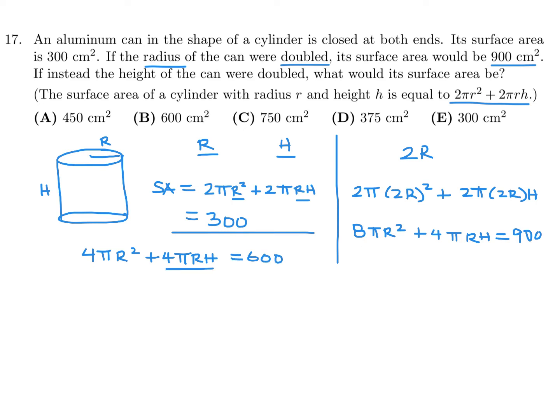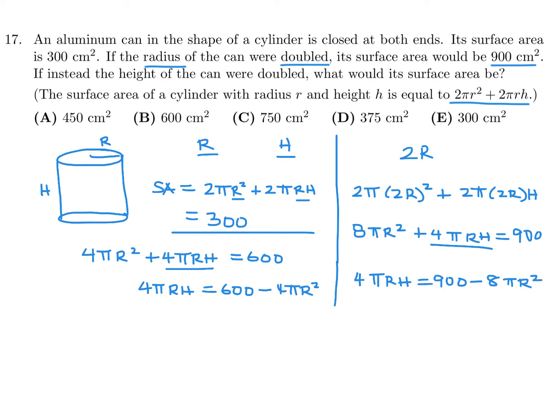And the reason I did that is because now I've got at least something that is common to both. So I could isolate this 4 pi r h. And on this side it'll be 600 minus 4 pi r squared. And on this side it will be 4 pi r h is 900 minus 8 pi r squared.